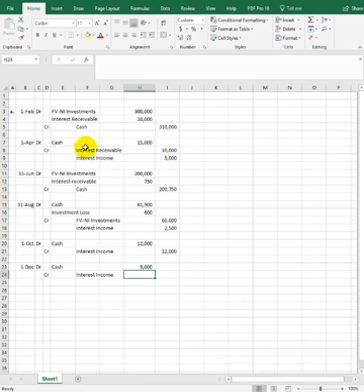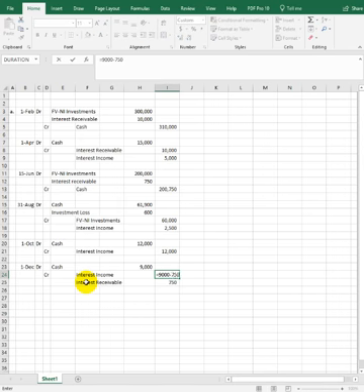And when we bought them, we had interest receivable of 750, so we need to remember that as well. So 750, and the interest income we earned is just the difference between the two. Or we can calculate it based on the time period as well, but that should work.